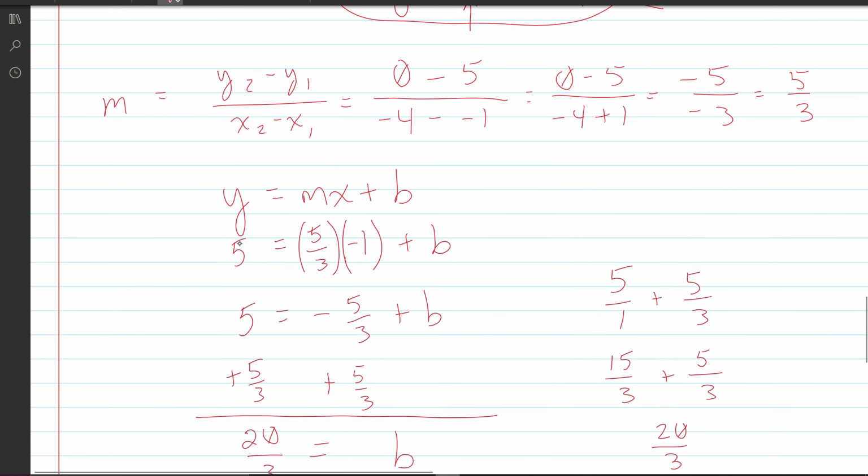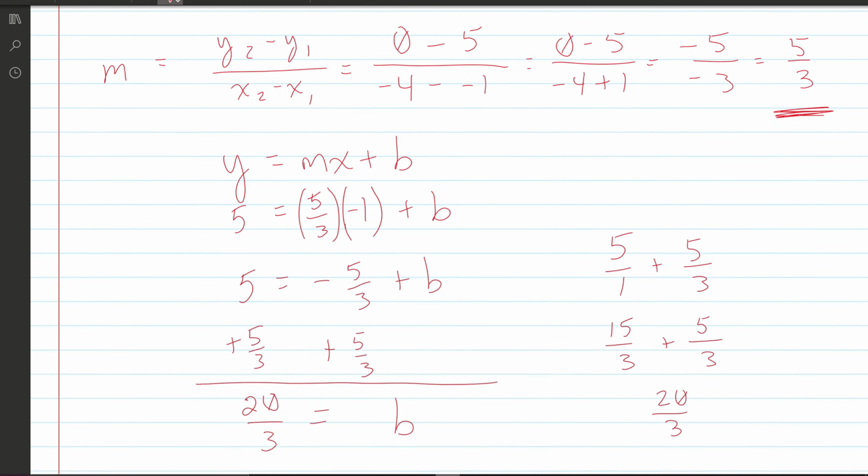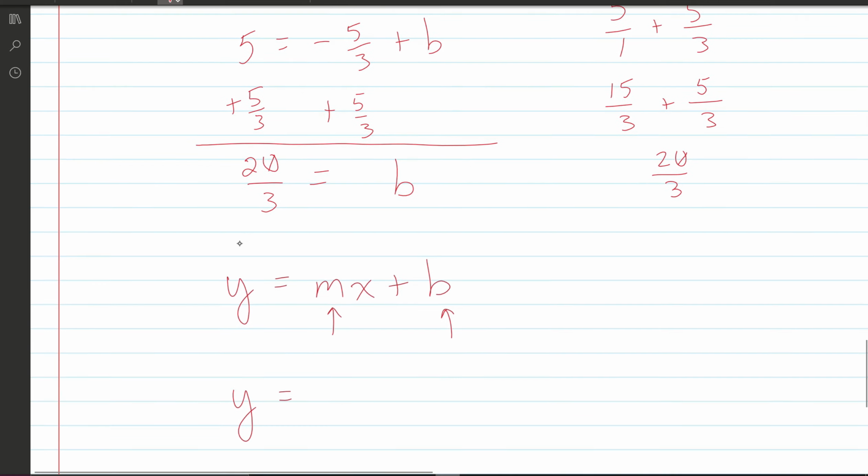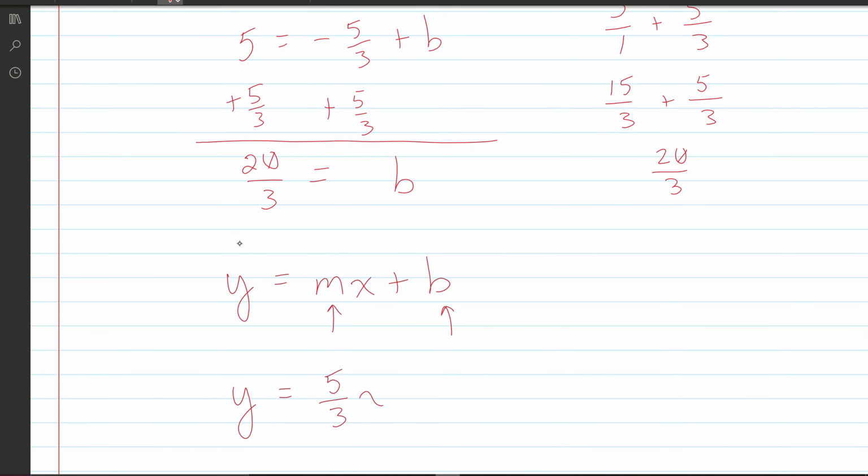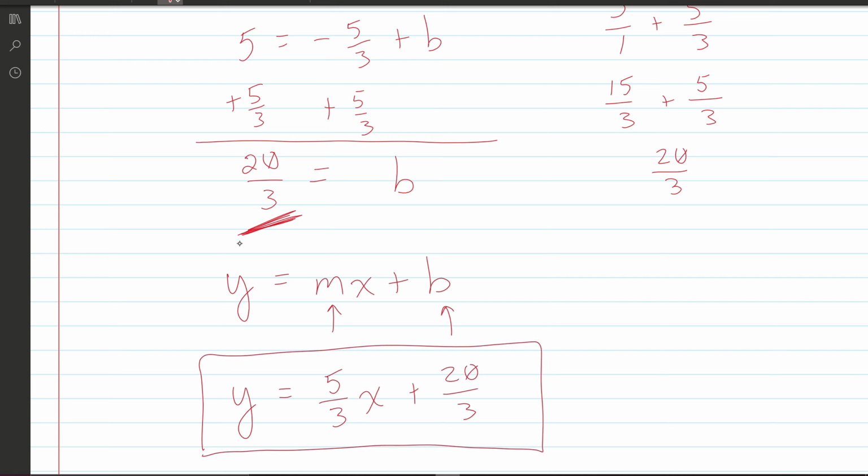That slope was 5 thirds, right? So y equals 5 thirds x plus our b. What was our b? Our b was 20 thirds, so plus 20 thirds. So y equals 5 thirds x plus 20 thirds. This is the slope-intercept form of the line passing through negative 1 comma 5 with an x-intercept of negative 4.